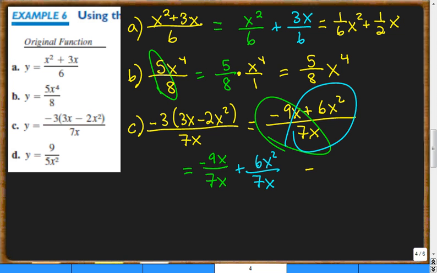We can simplify this and make it very, very manageable and easy for us. We've got an x on top and bottom, so those cancel. This ends up being a negative 9 over 7. We then have an x on bottom and top. We take away 1 from the top, take away 1 from the bottom, and we're left with a positive 6x over 7, which we can think of as positive 6/7 x.